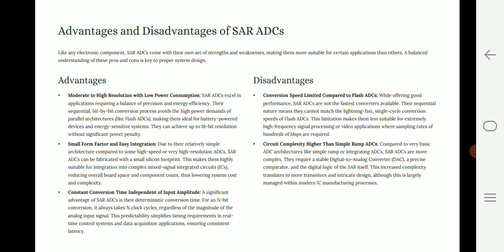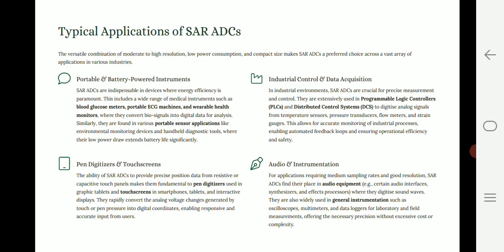But coming to the ramp ADC, there is no need for precise comparators, and it has no SAR logic itself. It depends on another digital logic circuit. So this is the difference between SAR ADC and ramp ADC.